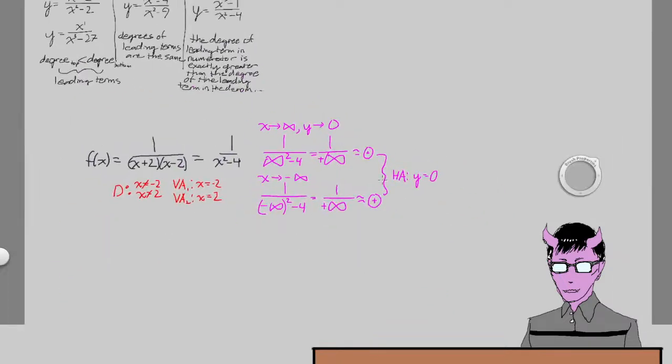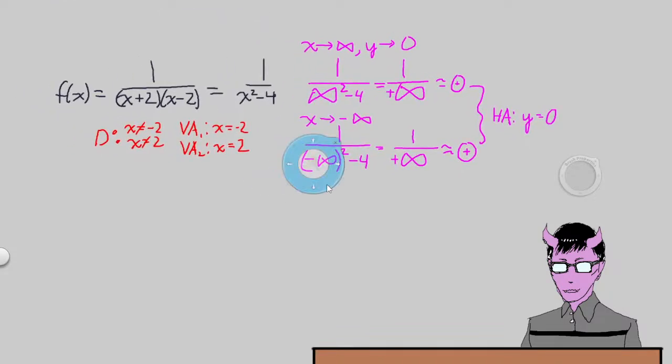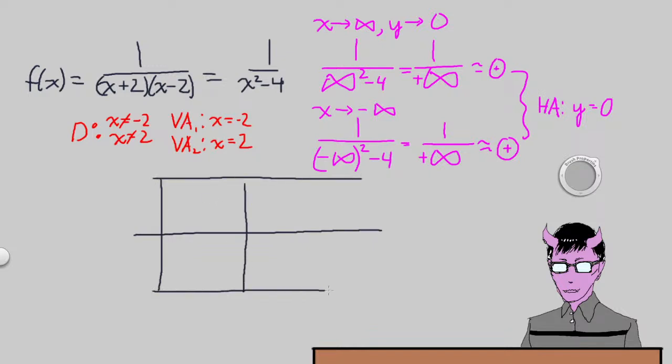Alright. So we have the horizontal asymptote and we have the vertical asymptotes. Let us populate the beginning of our graph. Okay, here is our viewing window. So we have vertical asymptote number 1 at negative 2. We'll call that VA1.